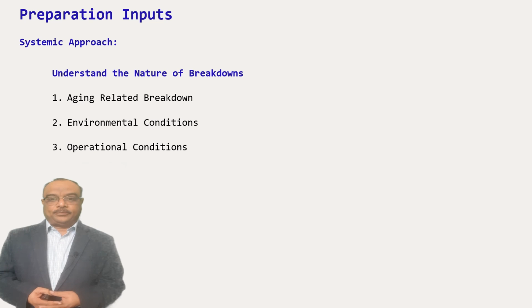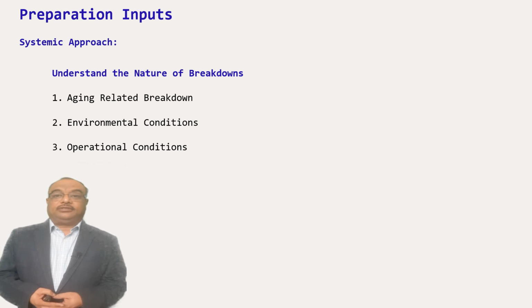And sometimes if we are not following some guideline given by the machine manufacturer, then again there is a possibility of breakdowns. Similarly, if the maintenance team has given some guideline to the operators and the operators are not following the same, at that time breakdown may occur.